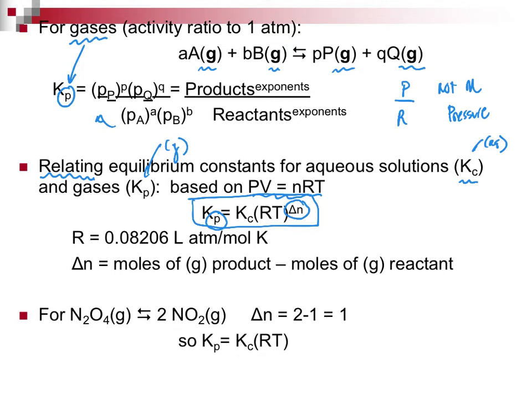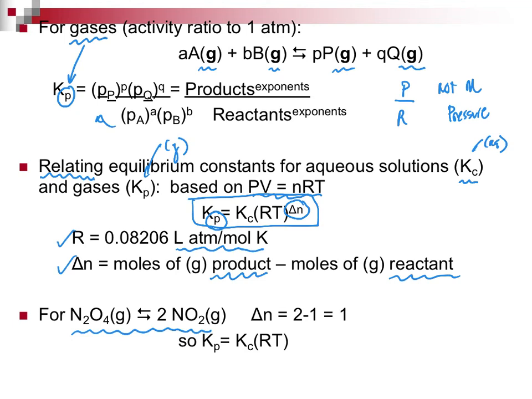But what are these terms? Well, you can be given a Kc and a temperature and an equation. R, we're going to have to go back to the units for gases. Delta n is going to be the moles of the product as the equation is written, minus the moles of the reactant as the equation is written. So let's go back to our original equation. Dinitrogen tetraoxide going to form 2NO2, nitrogen dioxides.